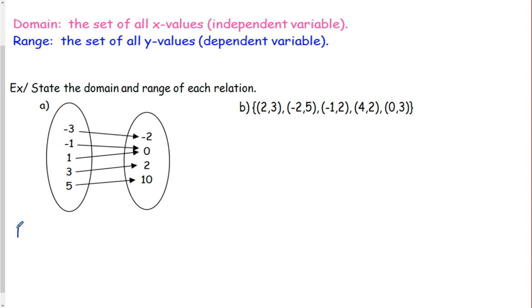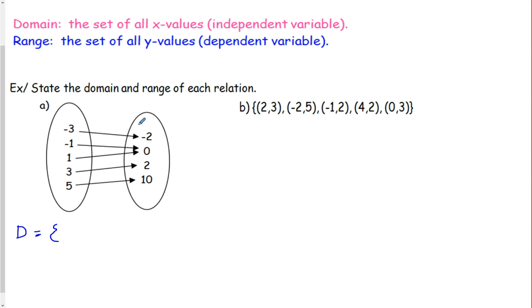I'm going to start by writing a capital D for domain, and then I'll put an equals sign. And then I need to put my curly bracket to start this. My curly brackets are not going to be the best, and yours probably won't be either, and that's okay. Just do something as good as you can to draw a curly bracket.